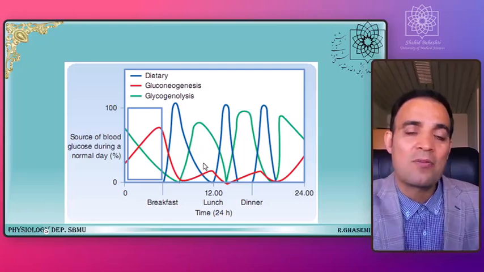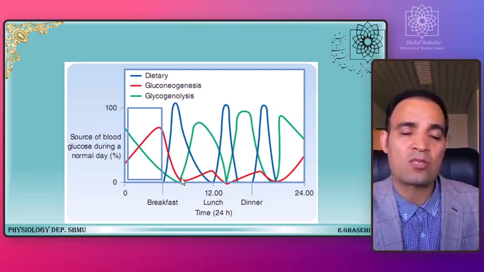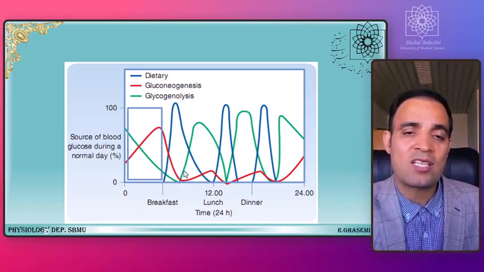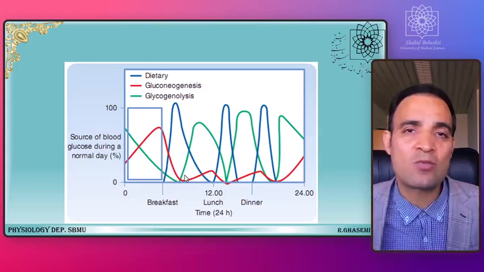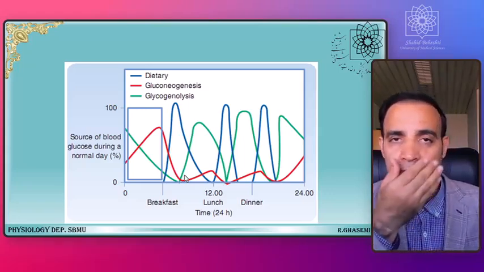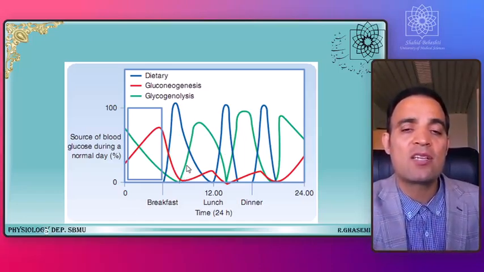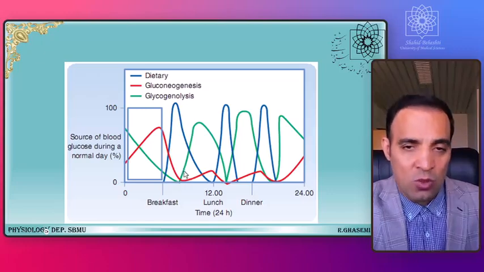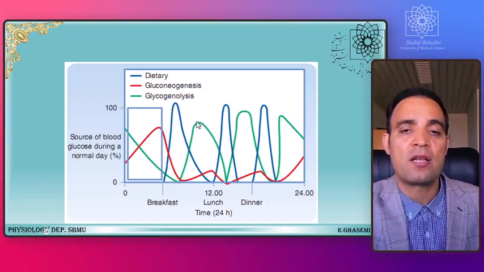The body needs glucose, and to not allow the glucose concentration to drop, as you see, the green line shows the glycogenolysis. Those glucose stores in the liver and the muscle will be released as glucose, and this causes the glucose to remain, and therefore the source of glycogenolysis will increase.